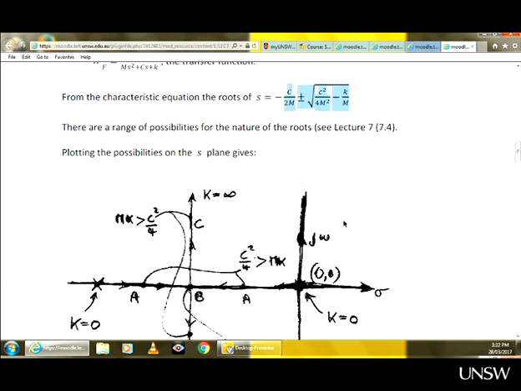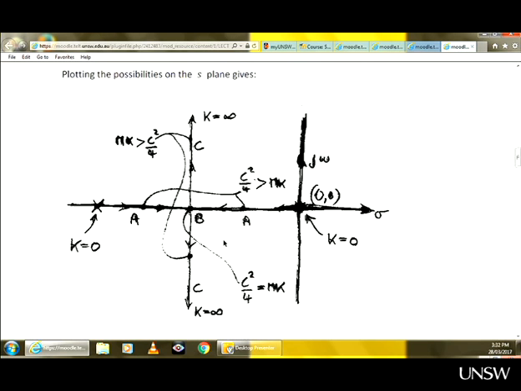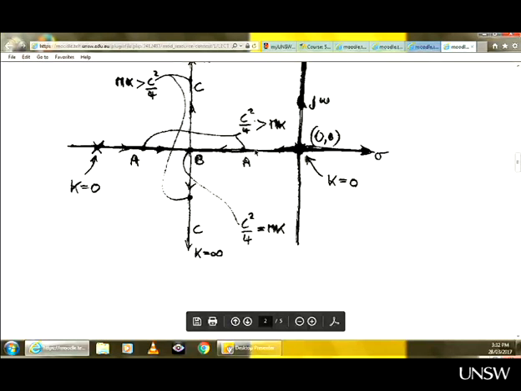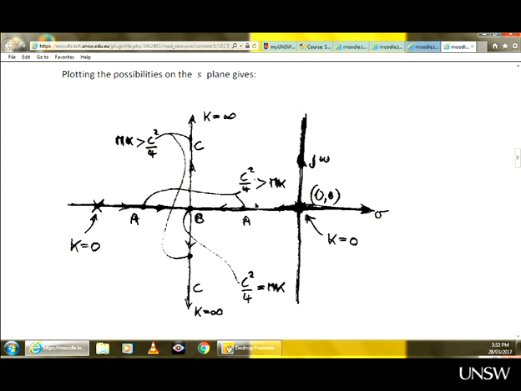So when we say region A down here, that means that one root will be somewhere here, the other root will be somewhere here. That's the case when C squared over 4 is greater than MK. That's region A. So our roots are still on the real axis and still on the negative half of the real axis. But this time we have two, and those two are different. They're not identical.